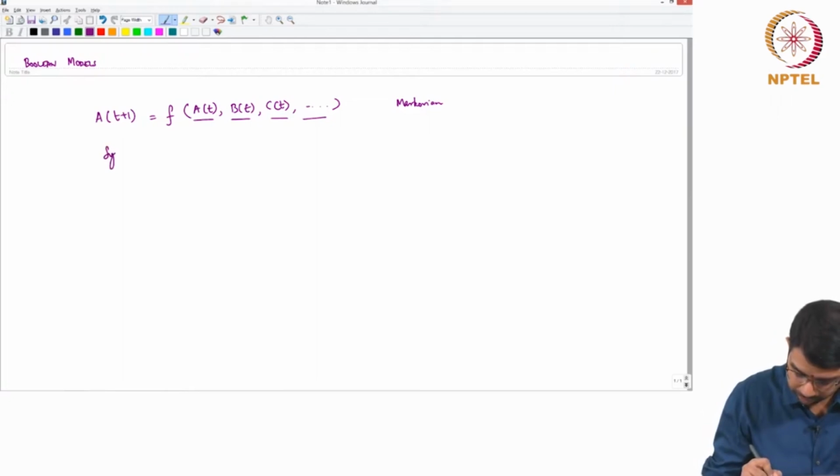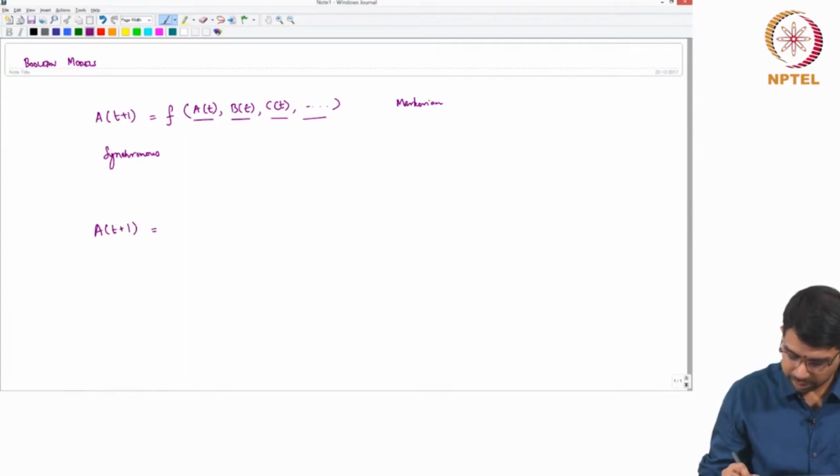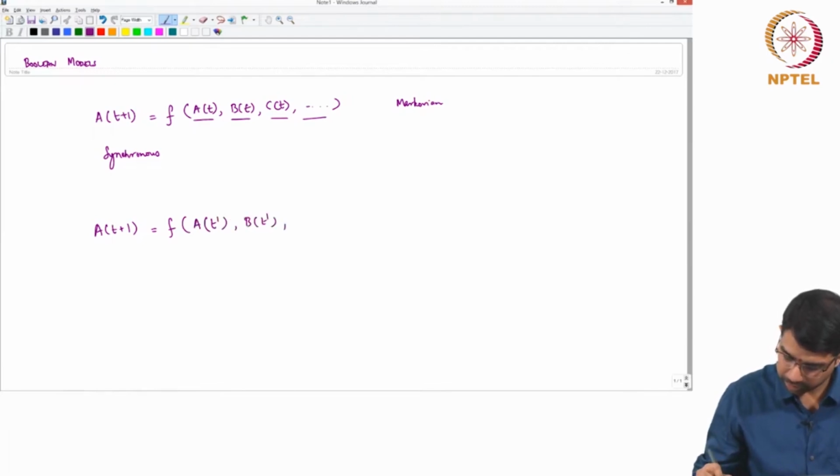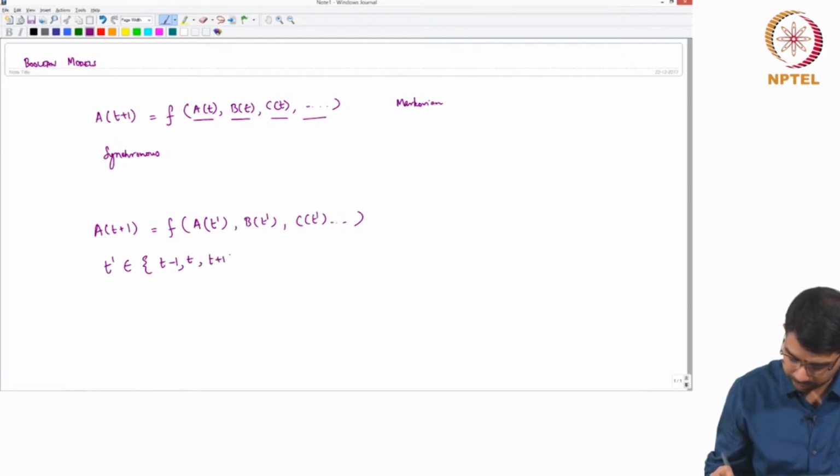This is called synchronous. You can also have asynchronous, where A of t plus 1 is dependent on f of A of t dash, where t dash belongs to t minus 1, t, or even t plus 1.